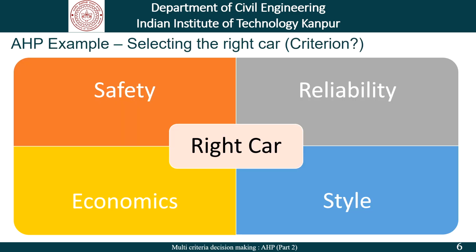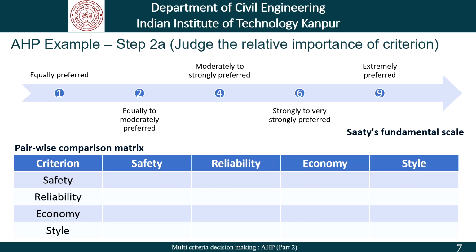For example, in our case we saw that to select a right car there can be 4 different criteria: safety, reliability, economics and style. Then we saw that we can use a pairwise comparison matrix. By utilizing Saaty's fundamental scale, we can assign priority to each criteria.